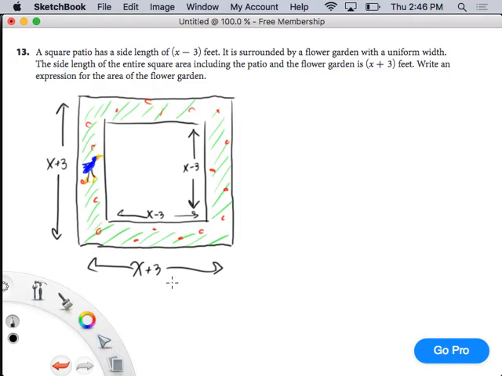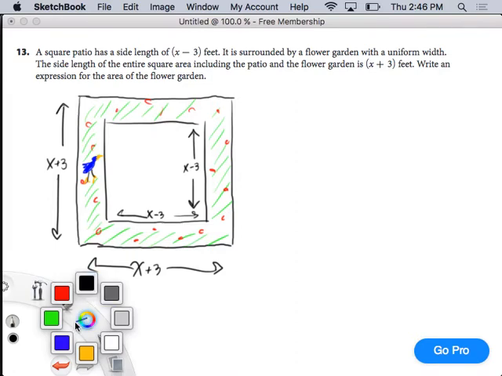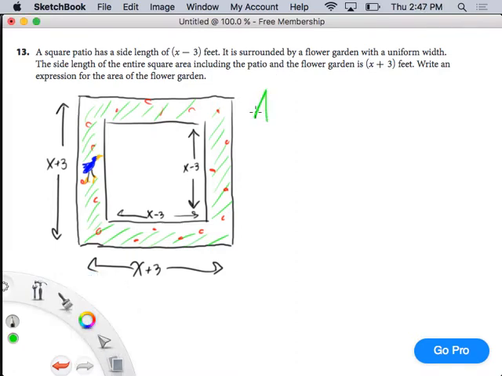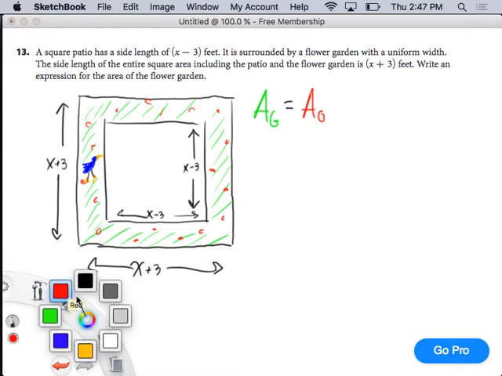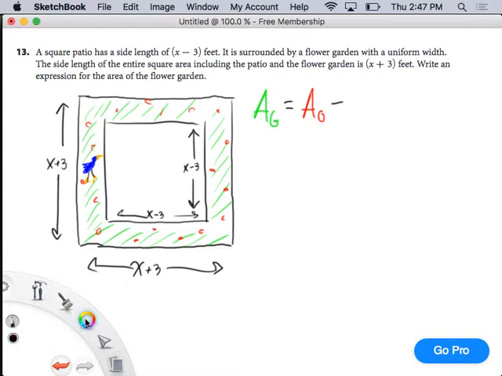So if we say that the area of the garden equals the area of the outer square minus the area of the inner square, we can get our solution, right? Then we just need to come up with the area of the outer square and the area of the inner square, and plug them into this equation. Does that make sense to you guys?